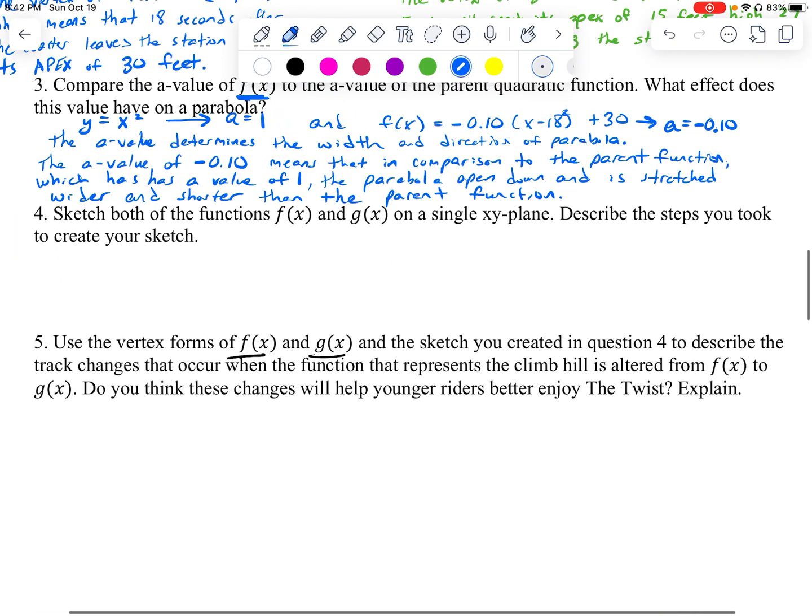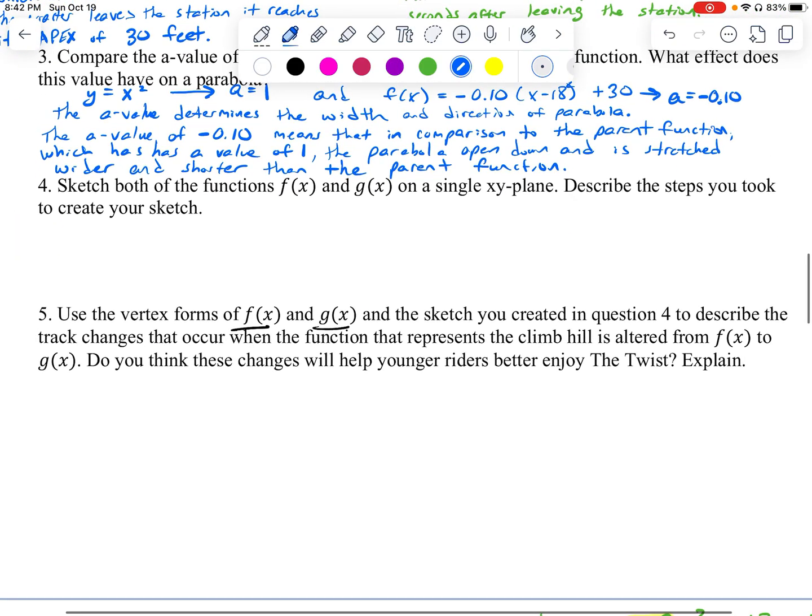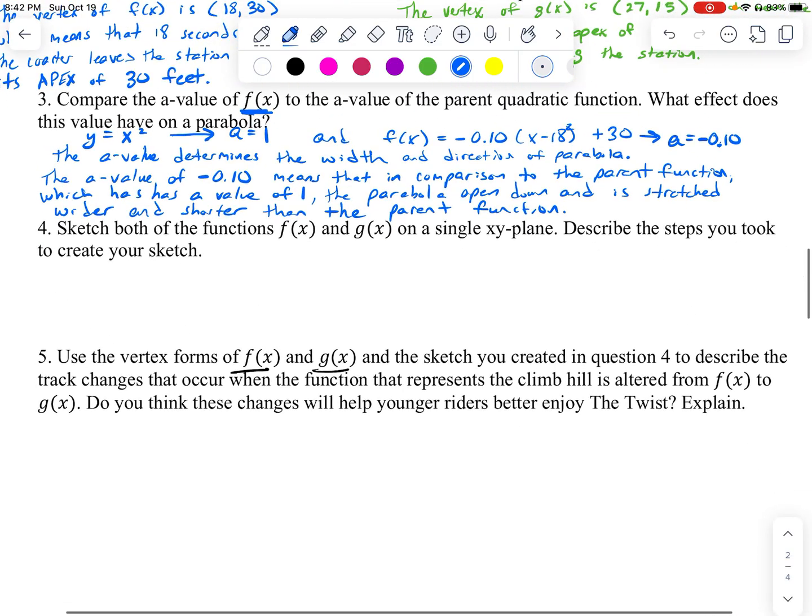Graph both the functions f and g on a single xy plane and describe the steps we took to create the sketch. So we could graph it on Desmos and just go to Desmos and enter those functions in, or we can graph it by hand.